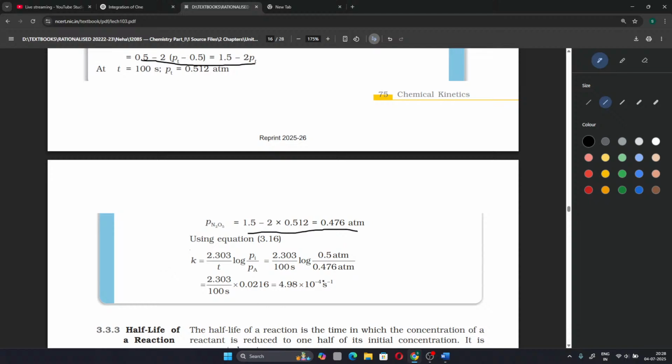From doing the calculation by substituting in the formula, taking logs and all, we will get the final value to be 4.9 into 10 power minus 4 per second. This is the rate constant for the first order reaction.